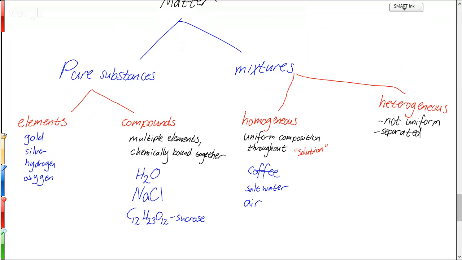So can anybody think of an example of a heterogeneous mixture? Heterogeneous, what? Orange juice, yeah. Orange juice with the pulp.